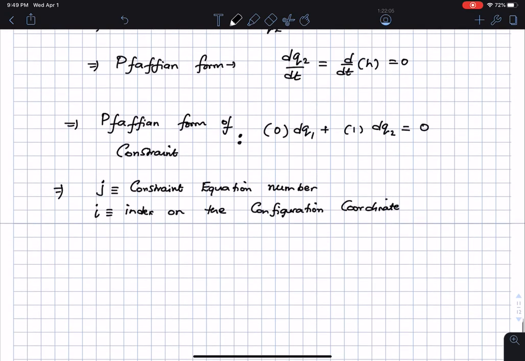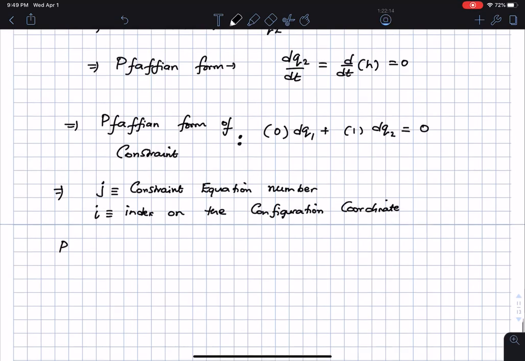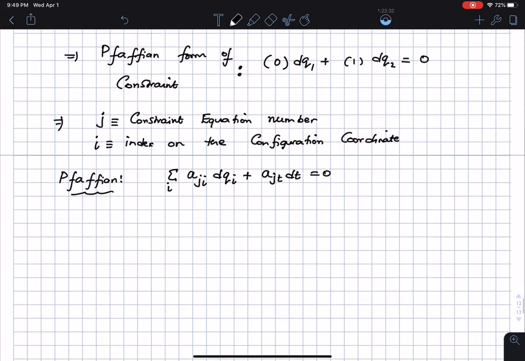If I compare this with our typical way of writing the Pfaffian form, the standard Pfaffian form is the summation over i of a_ji dq_i plus a_jt dt is equal to 0. For ours, our Pfaffian is going to be the following: 0 times dq1, 1 times dq2 is equal to 0.